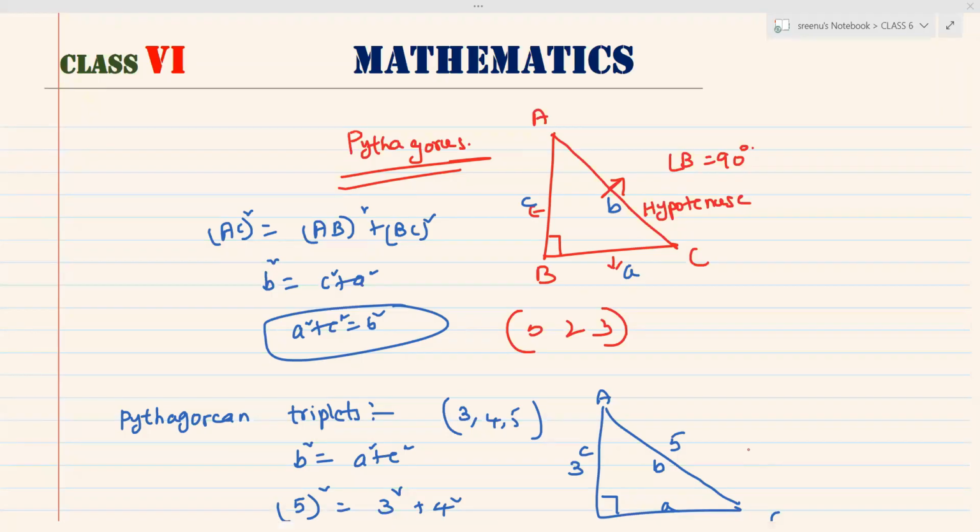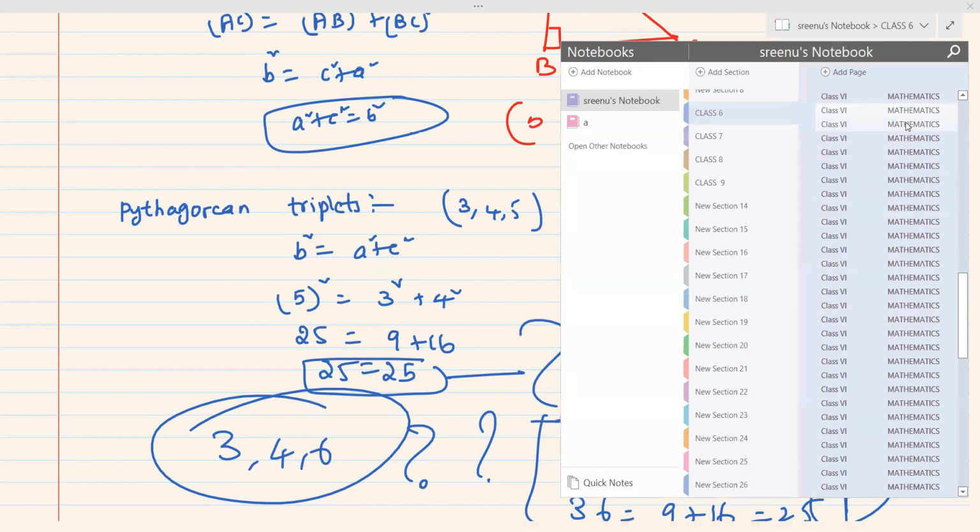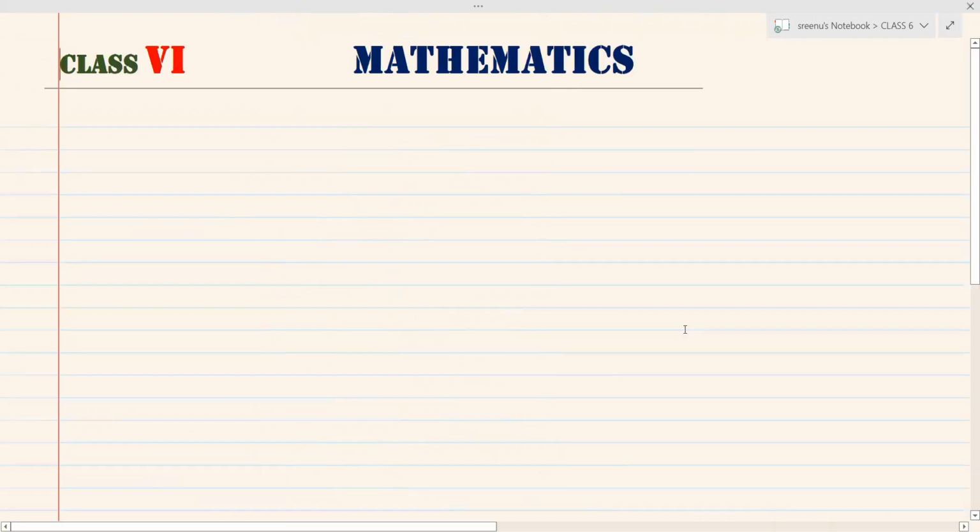Yes, the question is like that. It is a triangle XYZ. XY is 15 centimeters, 3YZ is 45 centimeters, 4ZX is 60 centimeters.